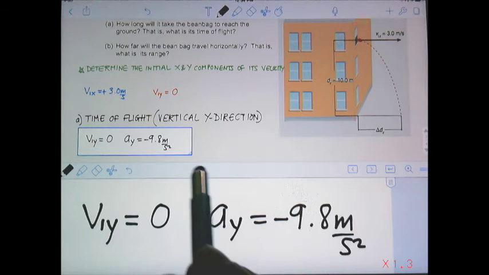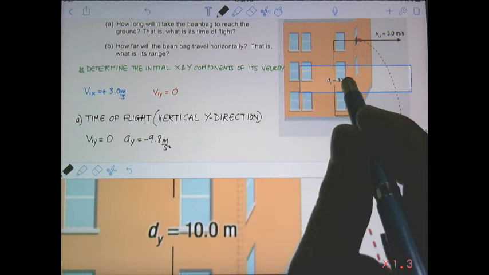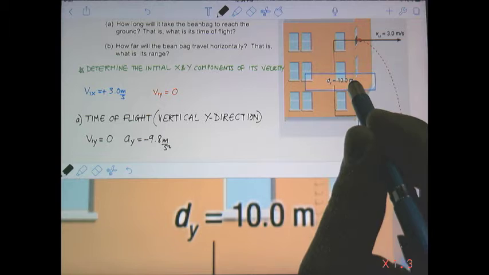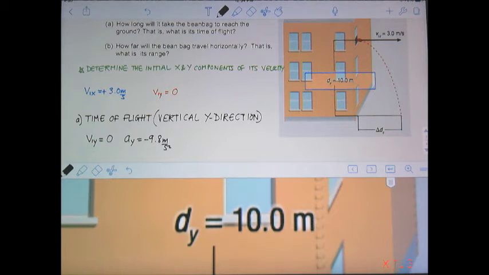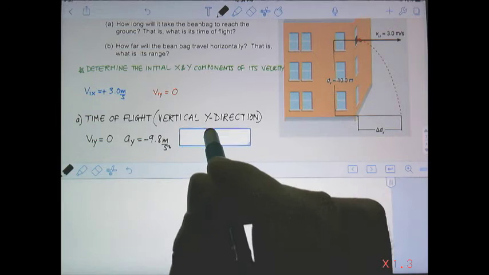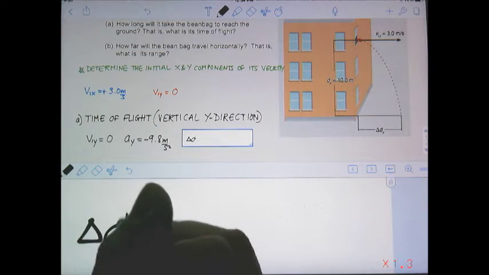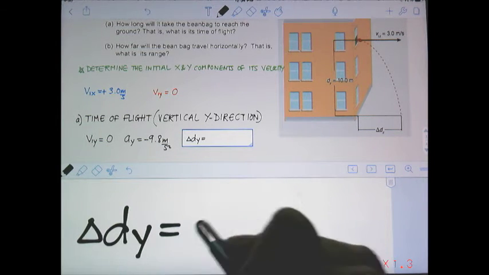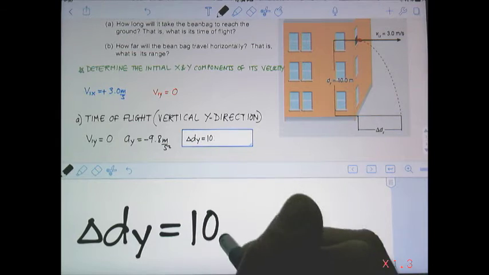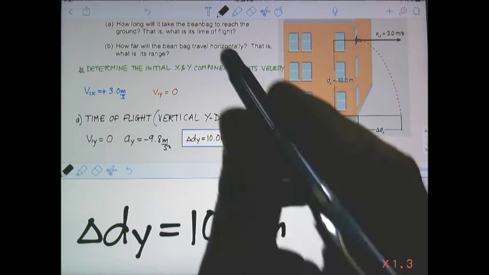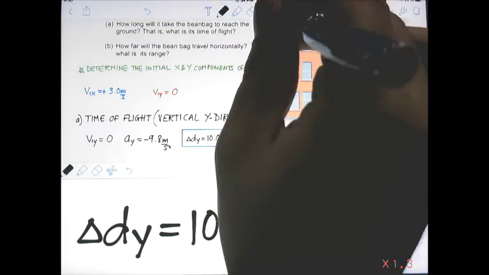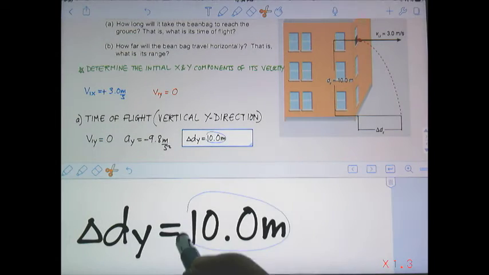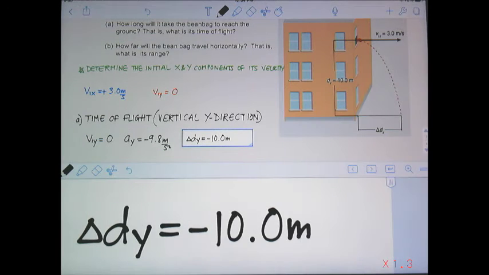We also know from this question, if you take a look at the diagram, that this object undergoes a displacement in the y direction of 10 meters down. So we'll write delta d y equals 10.0 meters. And please remember that since this is down, you need a negative.